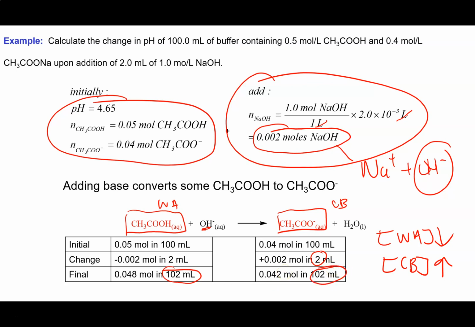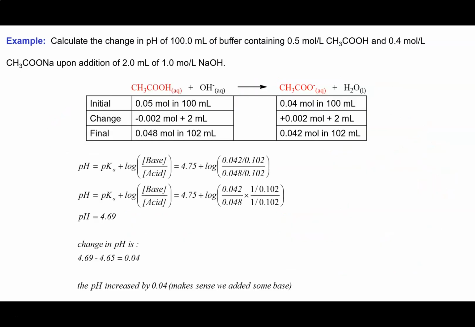So now I've got everything that I need to go ahead and use the Henderson-Hasselbalch equation to calculate what the new pH of the buffer is. So let's have a look here. To calculate the concentration, remember it's just going to be moles over liters. All right.